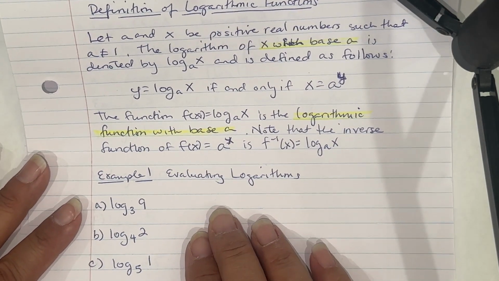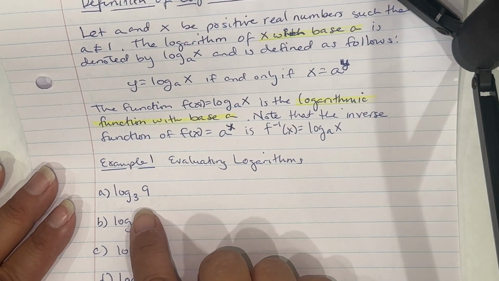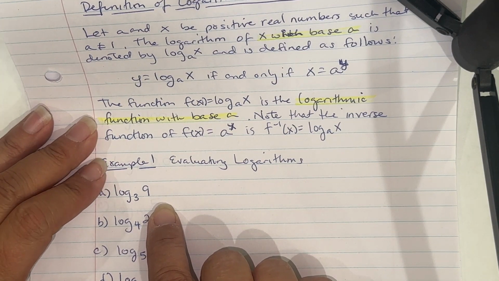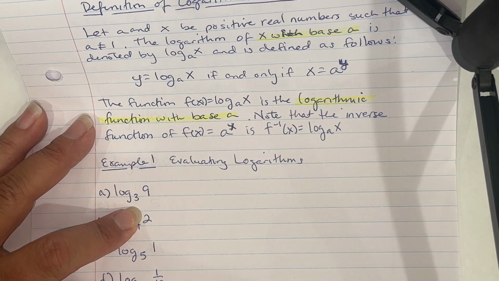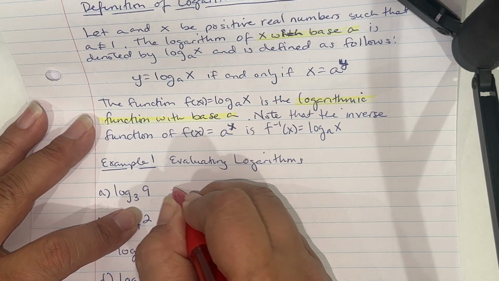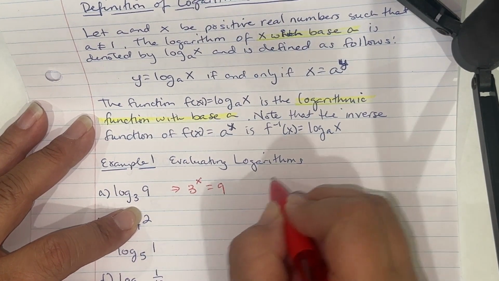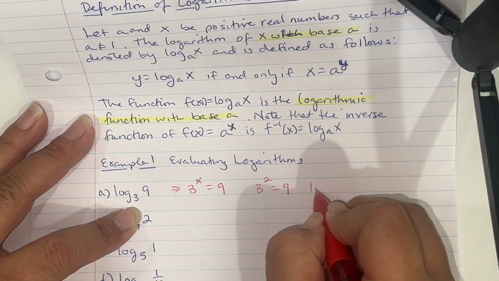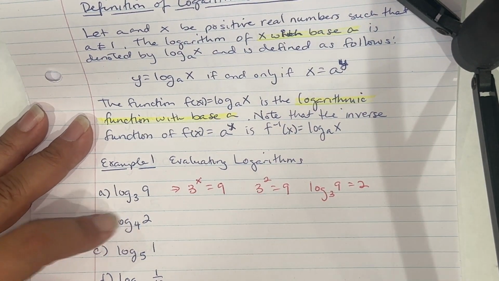So for example 1, they want us to evaluate logarithms. They gave us log base 3 of 9. So we're trying to figure out 3 raised to what power gives you 9. This is basically saying 3 to the power of x gives you 9. We know that 3 squared is equal to 9. So log base 3 of 9 is equivalent to 2.